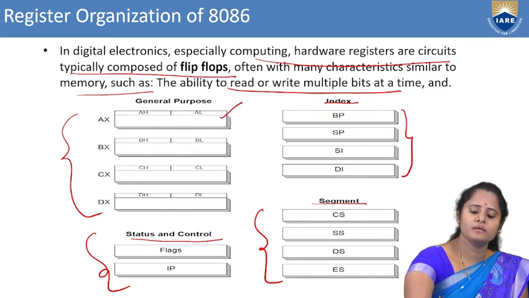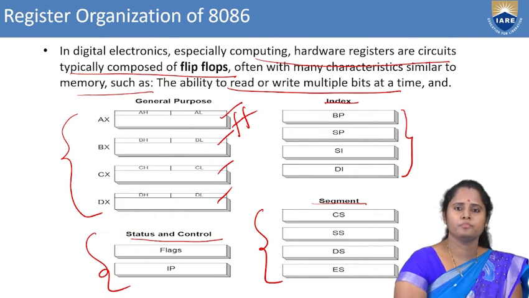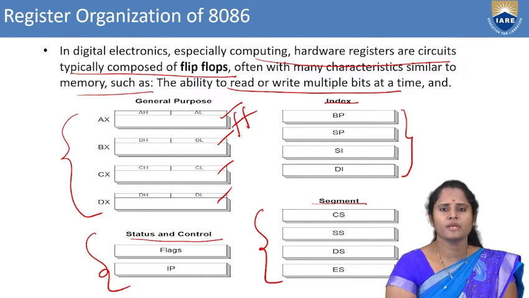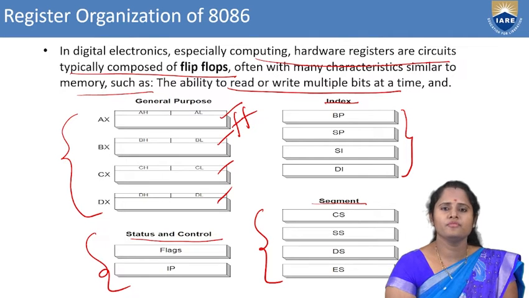Each element of these is made up of flip-flops. All the registers used as temporary storage elements are designed using flip-flops. Flip-flops generally act as a memory element, and they go for read and write operations of the bits.